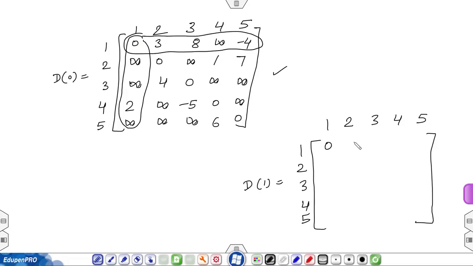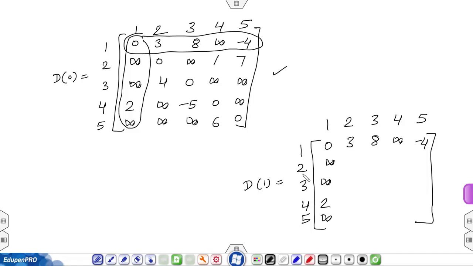So I'm writing the same values here: 0, 3, 8, infinity, -4, and here infinity, infinity. Now, wherever the starting value is infinity, in that particular row or column the values remain the same as in the earlier matrix.